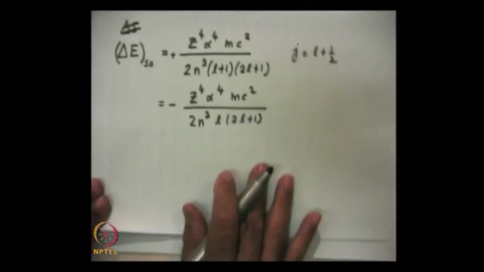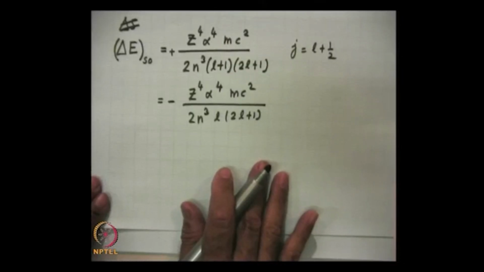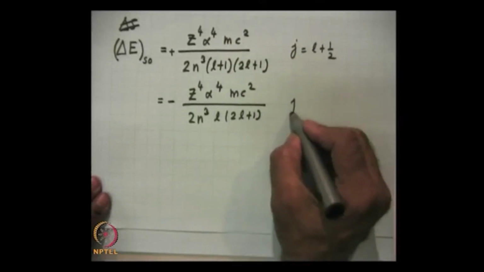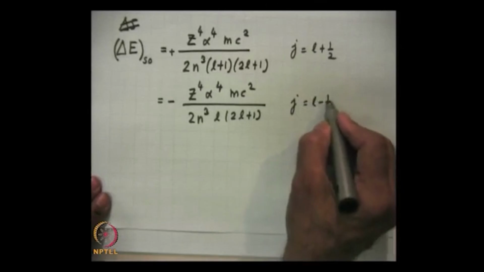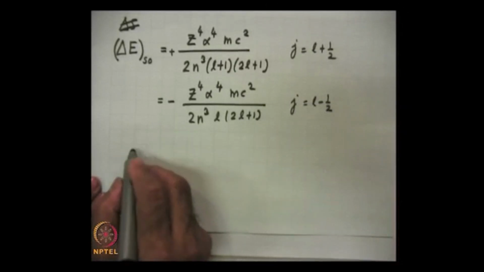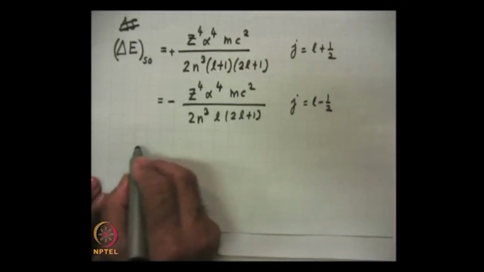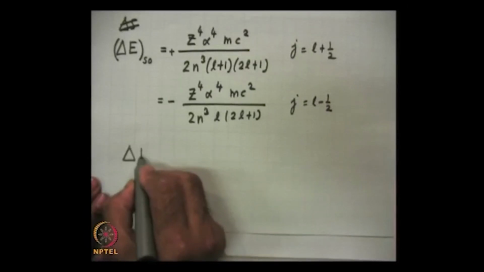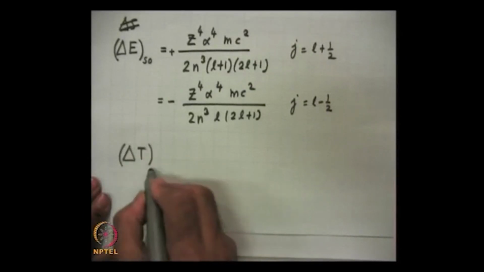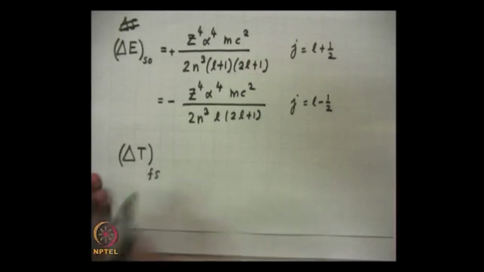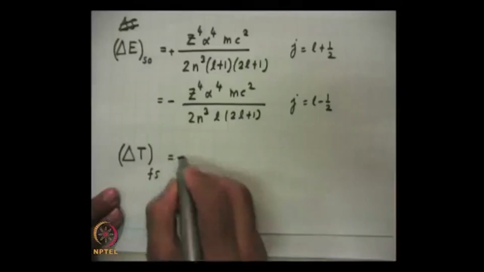If you add to this the expression for the relativistic correction and then use wave number units, the final result becomes delta T, the fine structure. Fine structure is the sum of the relativity effect plus the spin orbit interaction. So, this comes out to be very simple.